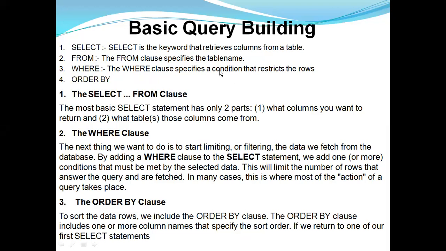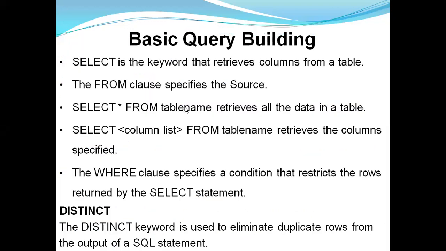Where specifies the condition. Select and from are clear. Where is clear. Order by is also clear. Simple here. Now, this we have already discussed: distinct. We have already discussed distinct.